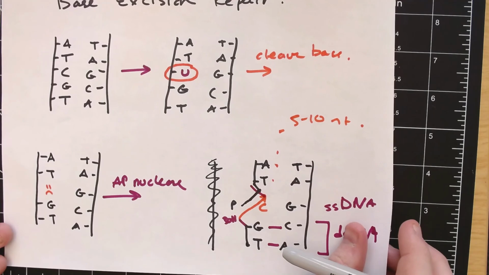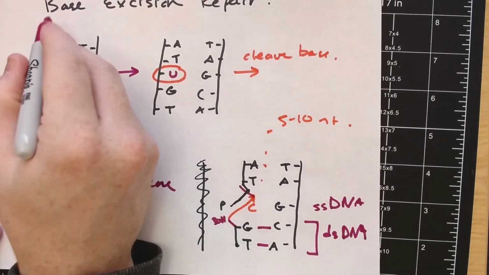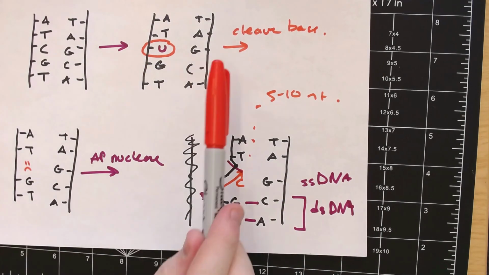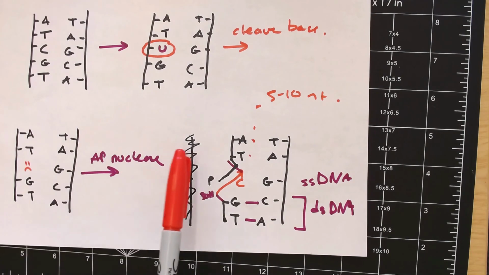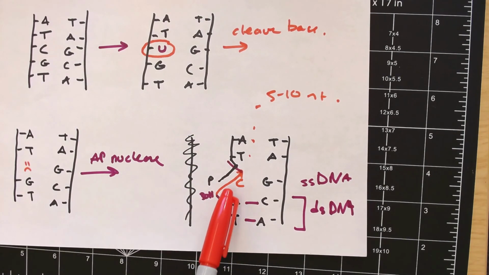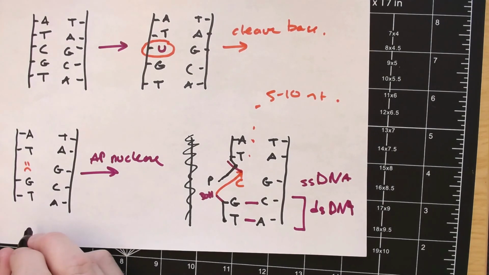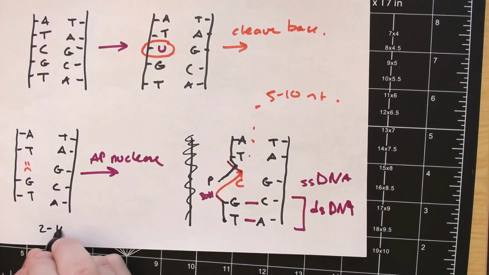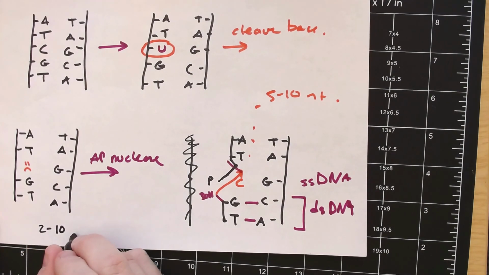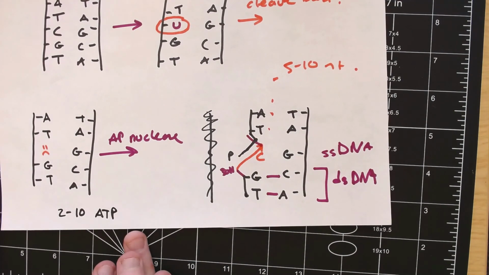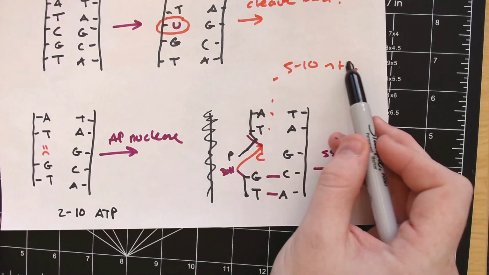But regardless of which path you choose, for the base excision repair, basically we needed only to cleave the base, cleave the backbone, and then do a few short additions of nucleotide followed by ligation to stitch it together. And so with this, you might be looking at a repair cost of anywhere between 2 to 10 ATP, something like that, to fix this. And of course, that will depend a little bit on whether you do this extension part up here.